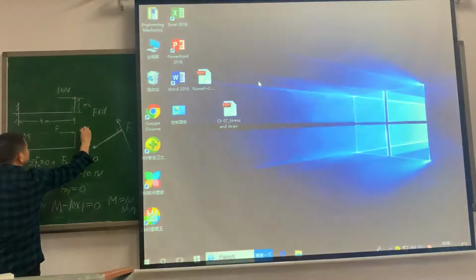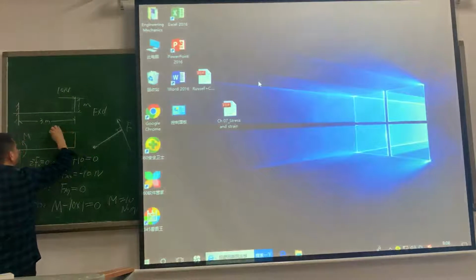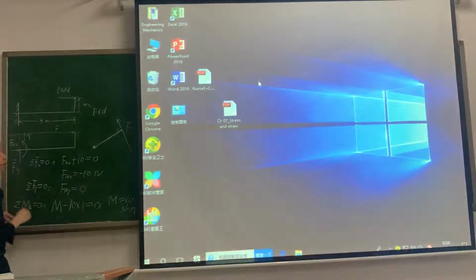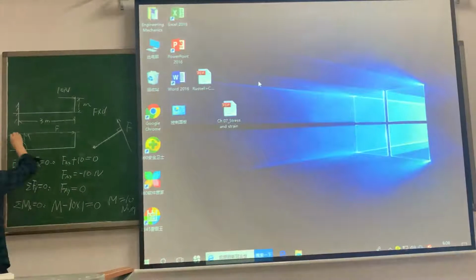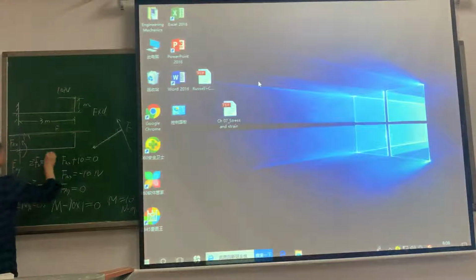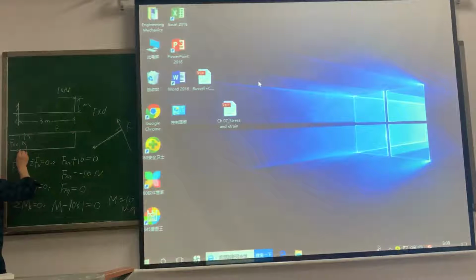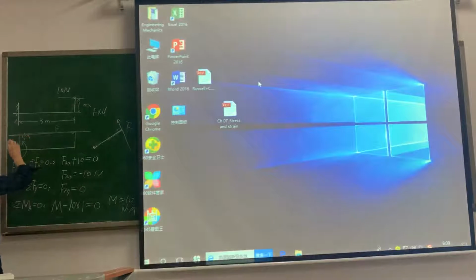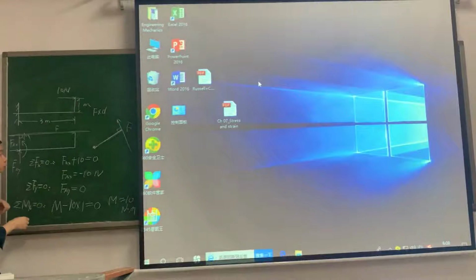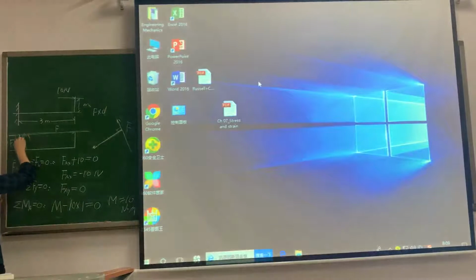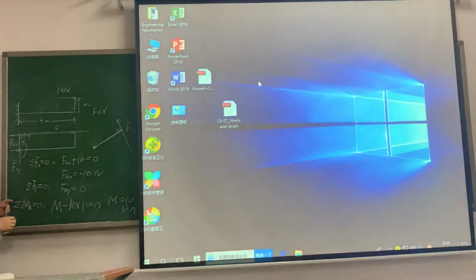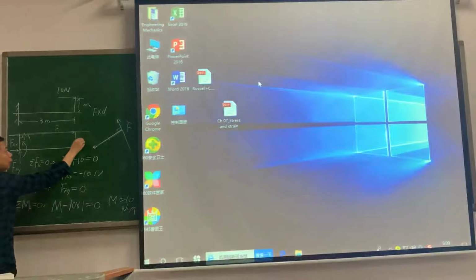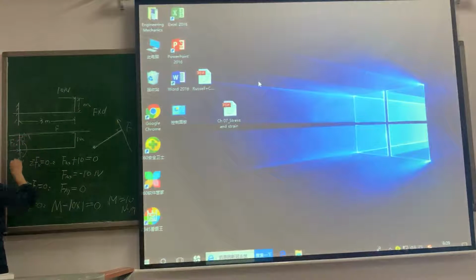So from the point we get a perpendicular line, perpendicular to the line of action of the force. So the length is the distance. It's 1 meter. Understand?